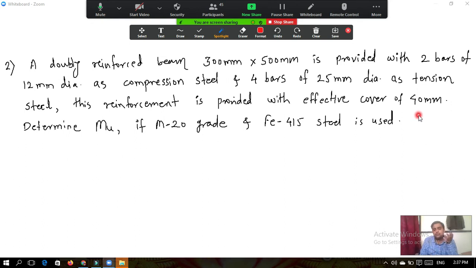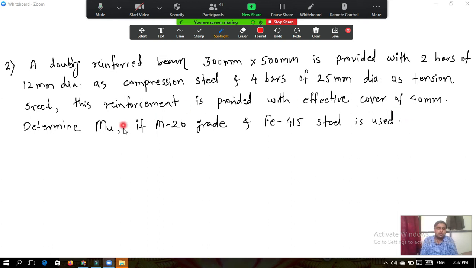We will assume that in the compression zone the effective cover is 40 mm, as well as in the tension zone the same effective cover. You can assume anything. Instead of 40 in the tension zone you can assume 30 mm. There is no problem, but whatever you assume you have to mention it clearly. As 40 mm is given, I will assume 40 mm in both zones.